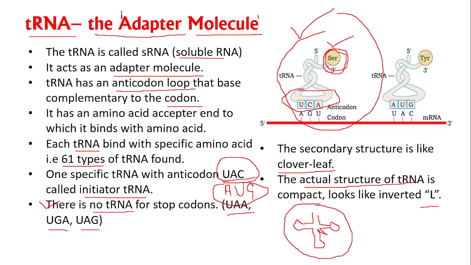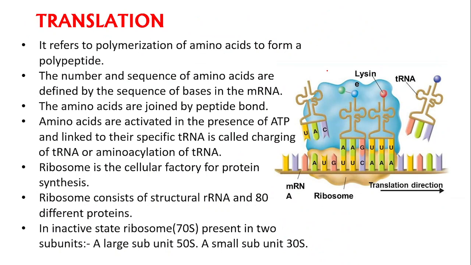Coming to the next part of the chapter and most important, that is translation. What do you mean by translation? Translation refers to polymerization of amino acids from the mRNA to form a polypeptide chain. You can also define translation in other ways.